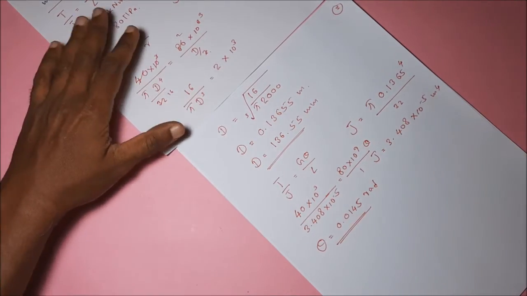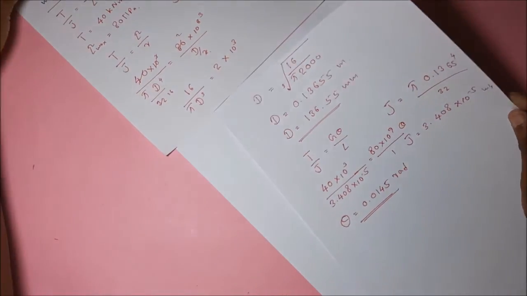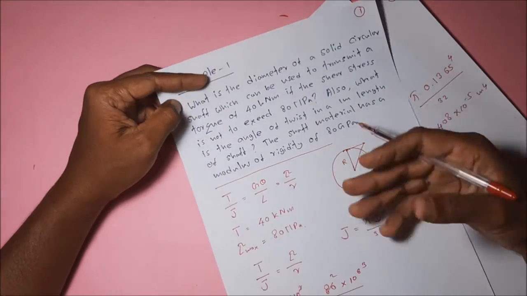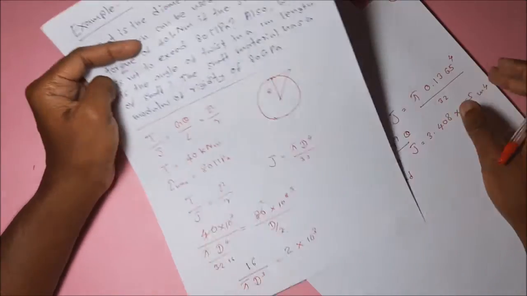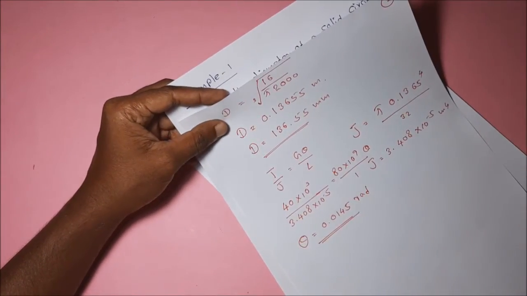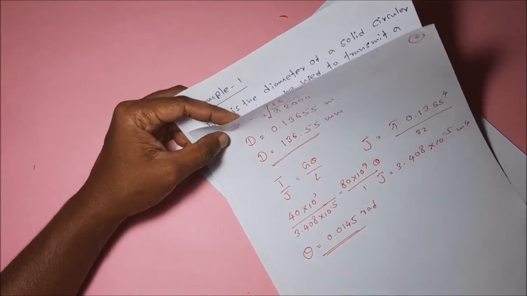You will get this answer. Okay, a very simple equation. We have to directly substitute in this equation to find the unknown. So let's move to some advanced example. Example 2.